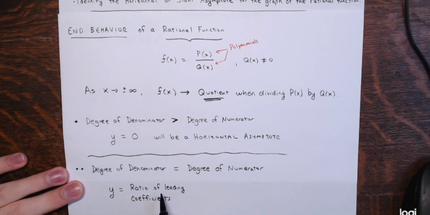And whatever this is will be the horizontal asymptote for your function. Again, we'll see examples.